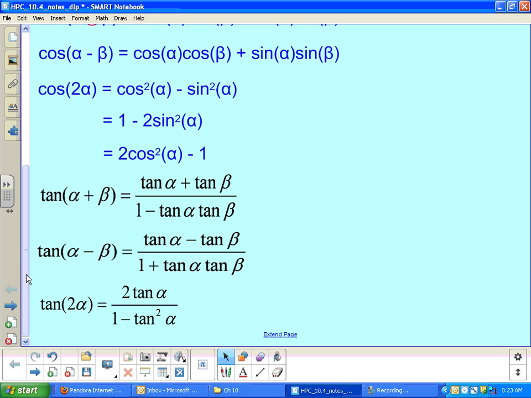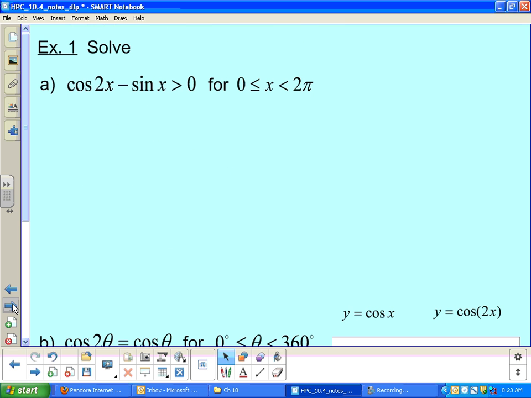Now I'm going to solve some equations involving these identities, sometimes inequalities as well. So here we are. First one, solving this inequality. We want to see where the cosine 2x, which is a double angle cosine, minus sine of x is greater than 0. And so having to go back and remember what we do with these inequalities.